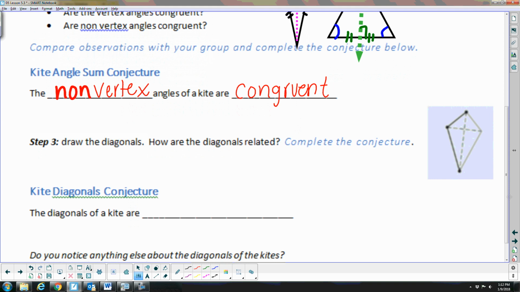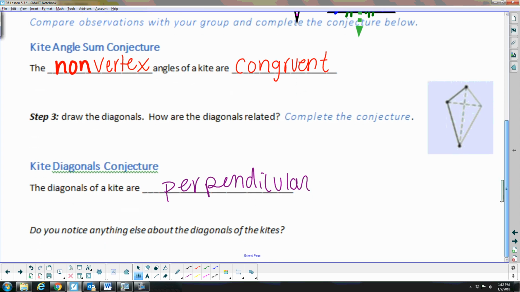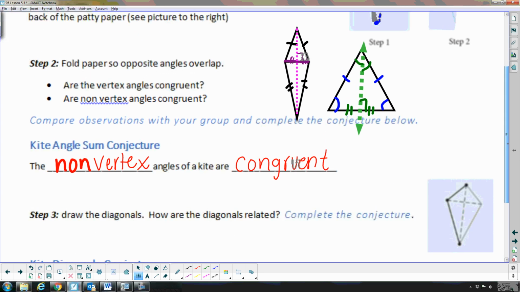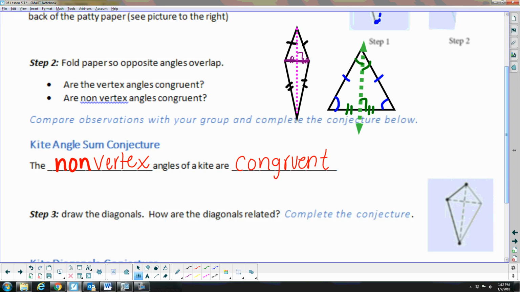So first we know that the diagonals of a kite are perpendicular. And then second, we know that this purple dashed diagonal that I have in my kite bisects the other diagonal.